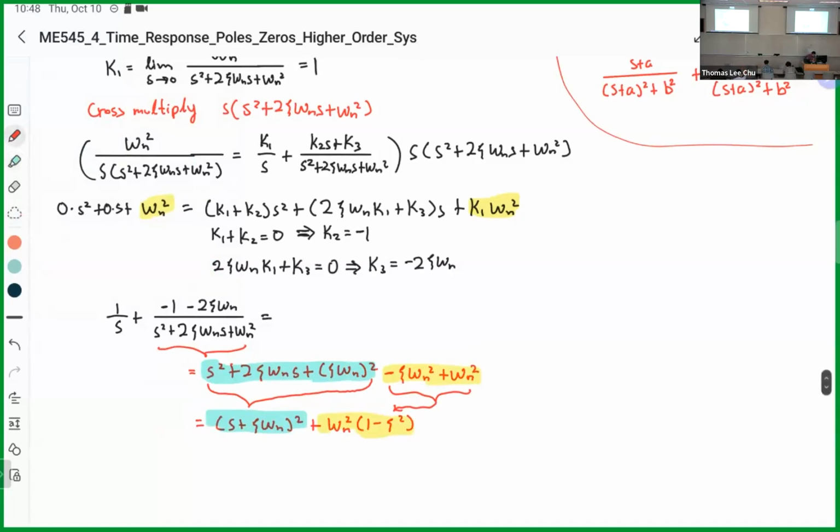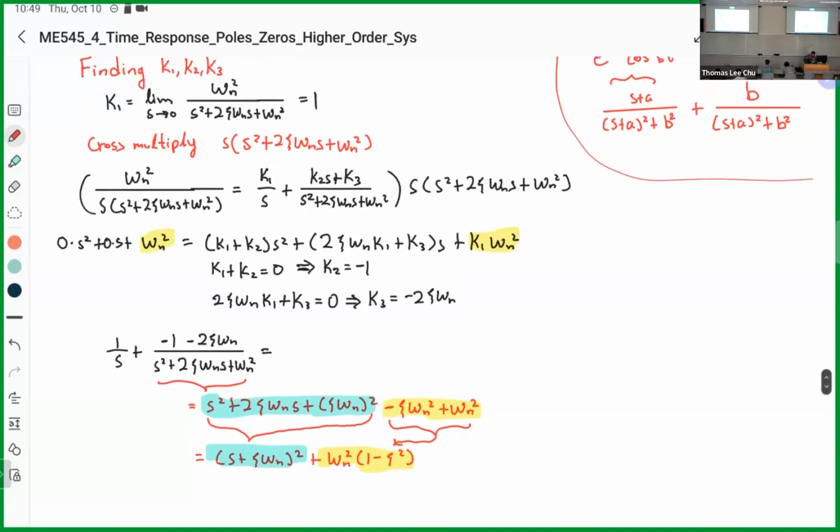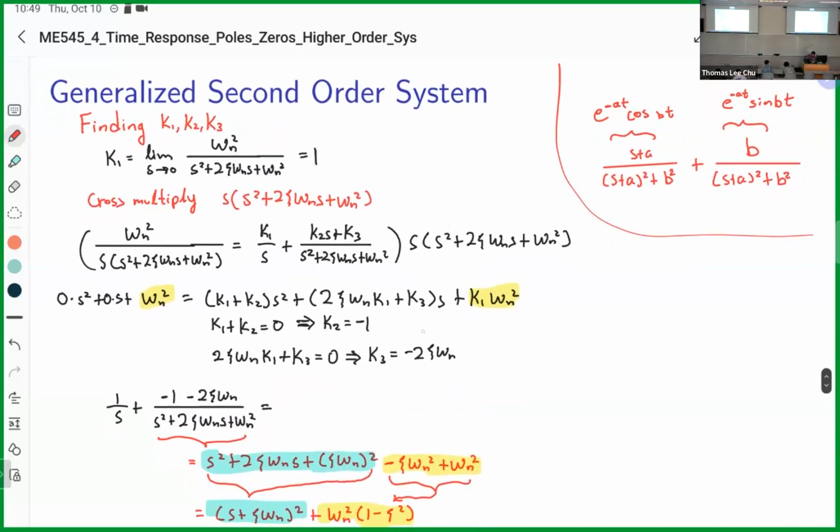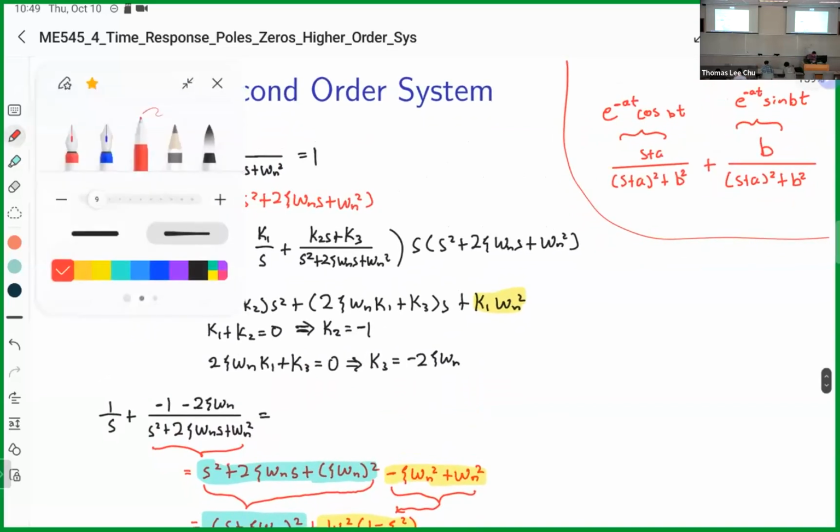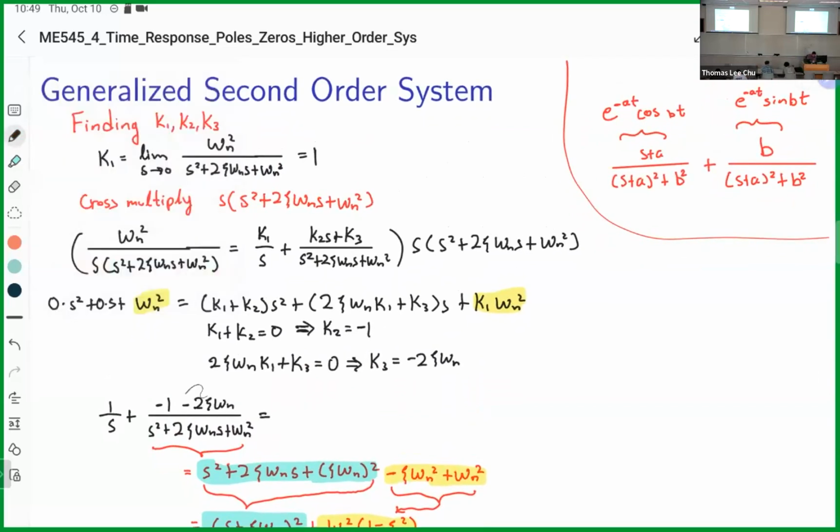So you're saying this should be minus s instead of minus 1? K2 s, K2 minus 1. Yeah, K3 is. Oh, yeah, I see. Thank you. Should be minus s.